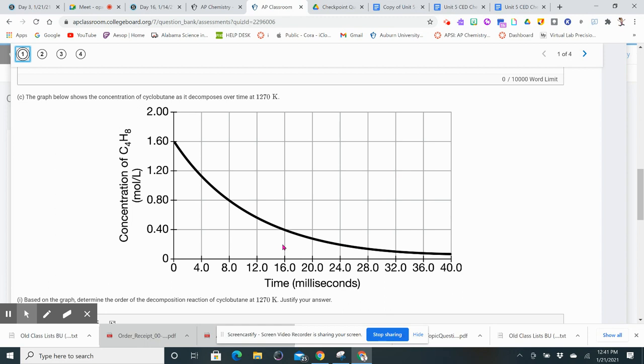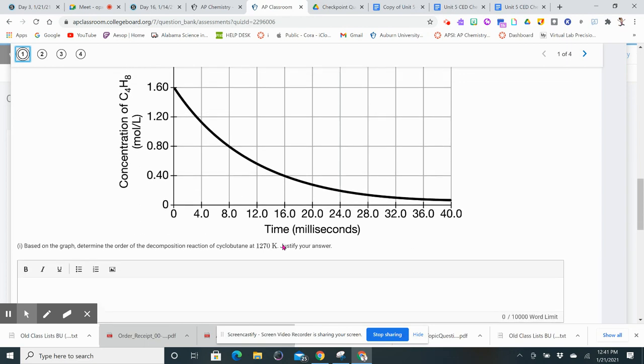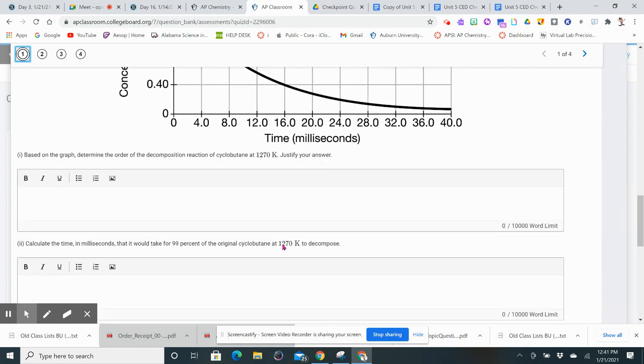That was also in the ed puzzles. So you know that this rate law is first order, either because every 8 seconds the concentration decreases by half, or because this graph is not a linear graph, so it has to be first order.